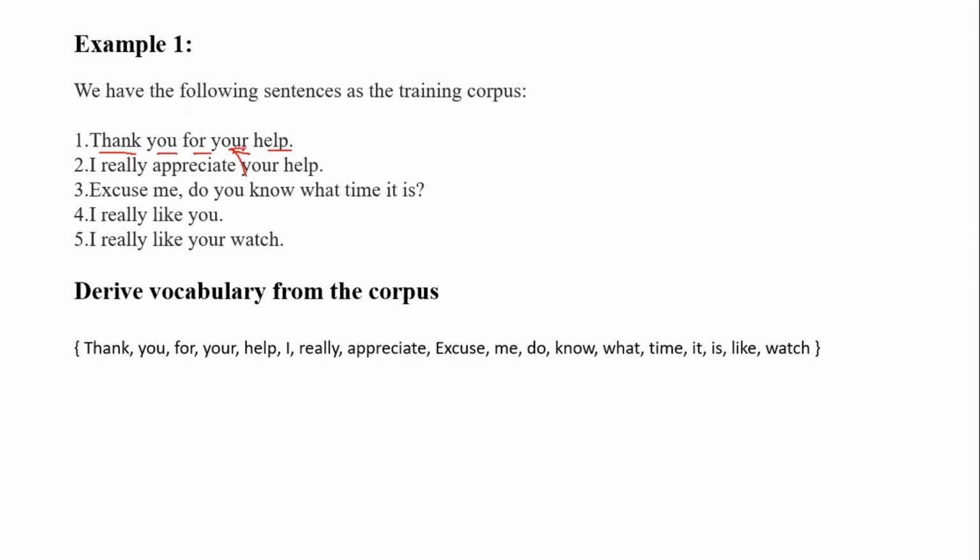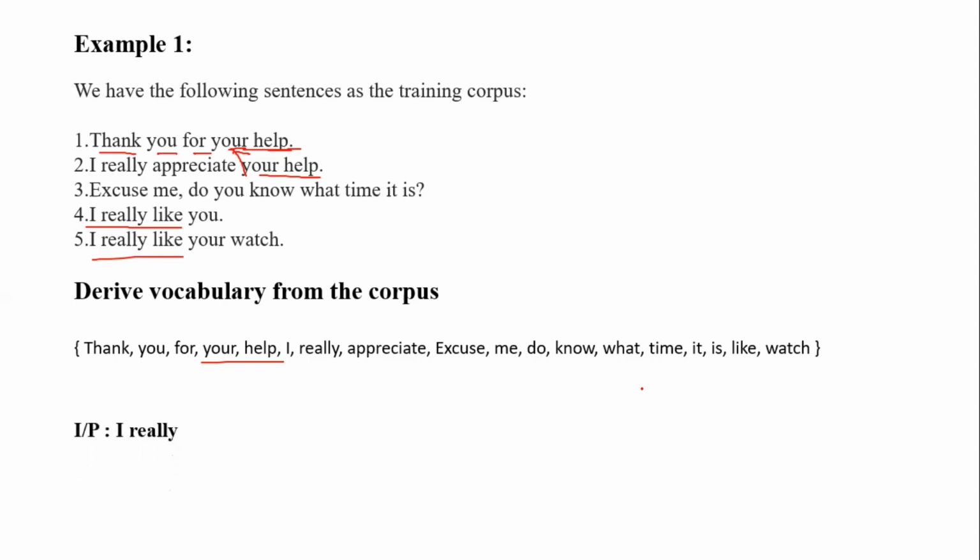Suppose "your help" occurred twice in the corpus. There is no need to write it two times. You can just write it once. That is "your help". After that, I really appreciate, excuse me. In this way, I really like. It appeared twice again, so you just write it once, and build the vocabulary.